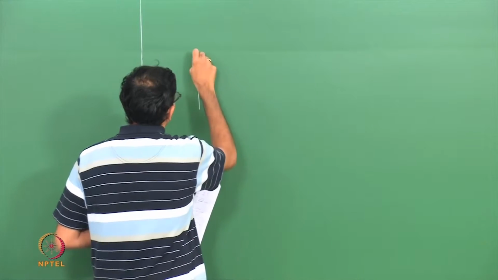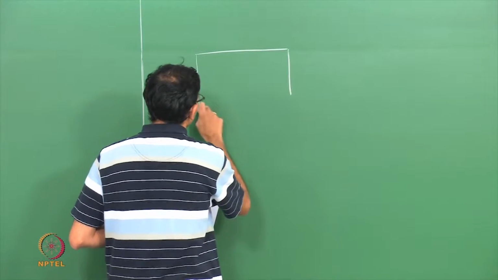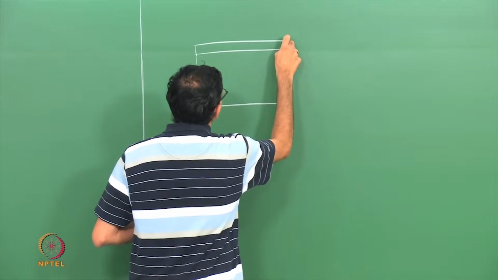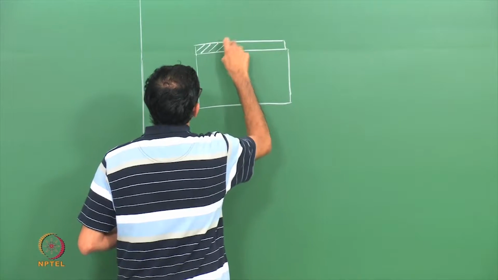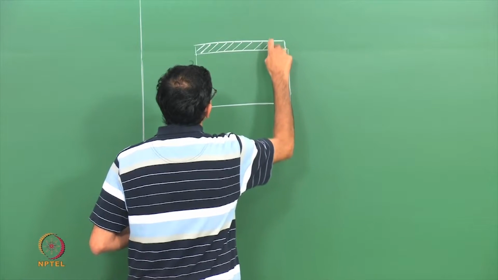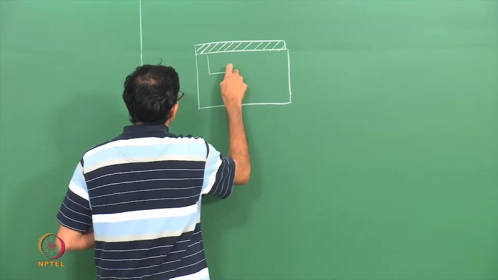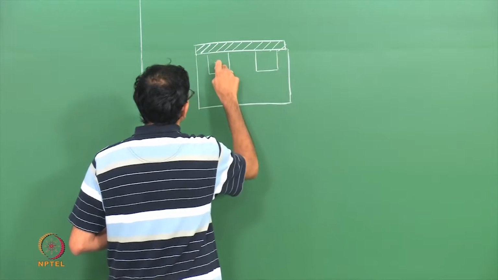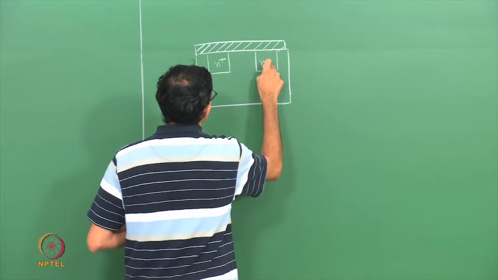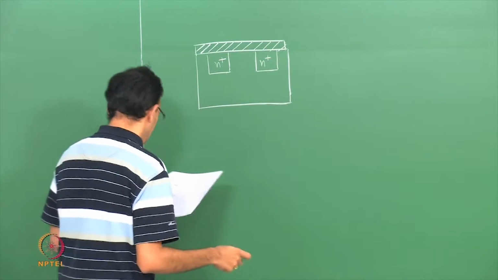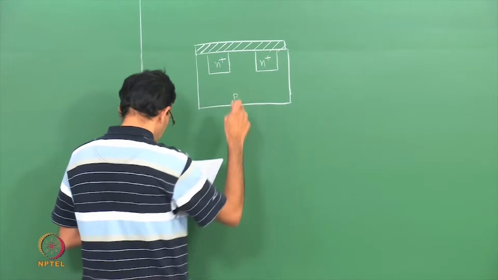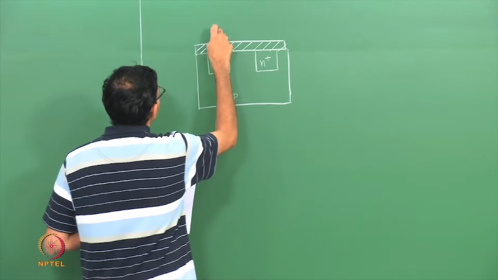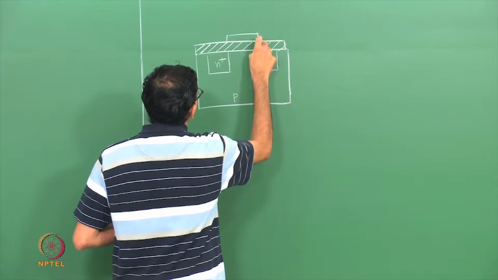Once again I have my MOSFET. My two N plus regions, I have a bulk P region, and I have my gate.